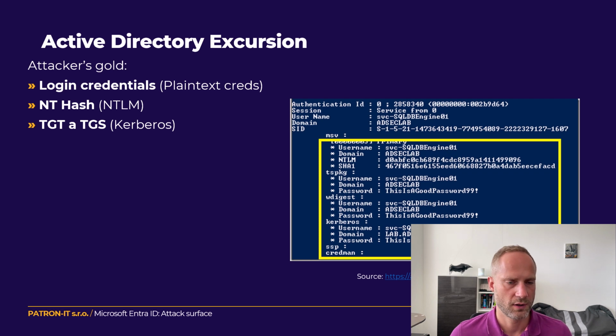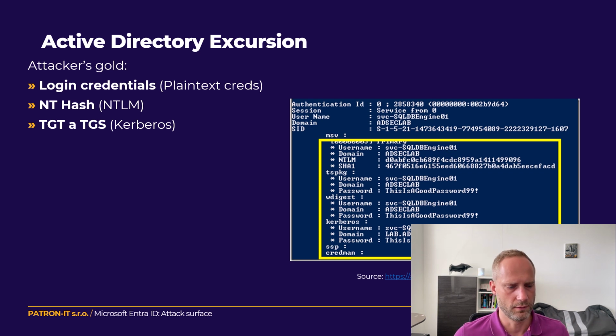For example, they can dump LSASS, download it and parse it, and from that LSASS maybe they won't have the plaintext credentials, because for a couple of years plaintext credentials have been turned off, but they will have NT hashes and as well TGT tickets for Kerberos. And with that, it's enough for them.